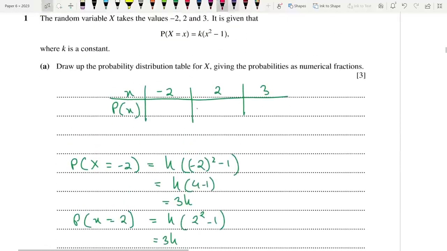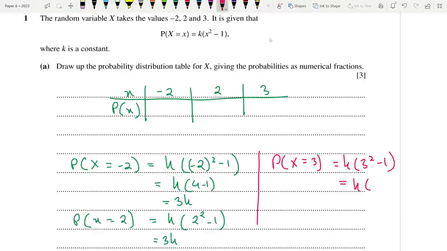And for the last one, P(X = 3) is k times 3 squared minus 1, which is k times 9 minus 1, which is 8k. Now we found out that this is 3k, this is 3k, and this is 8k.